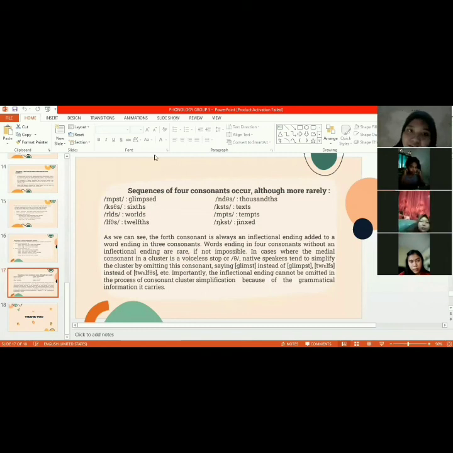And then the last material from this presentation: a sequence of four consonants occurs, although more rarely. There are the consonants M, P, S, T. In the word glimpse, we can see at the end of this word M, P, S. Then R, L, D, S, from the word world, we can see at the end of this word.